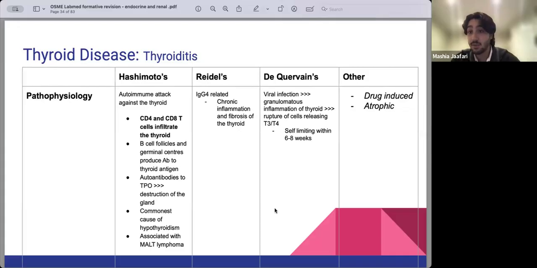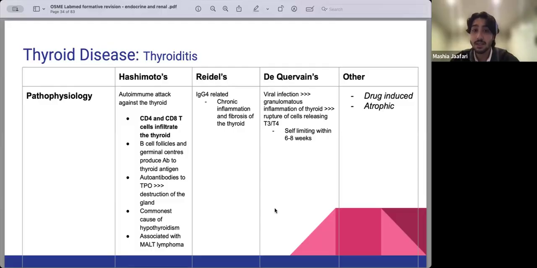And so some people think it's a type 2 hypersensitivity where the antibody is causing the damage, but it's not. So it's a type 4 hypersensitivity. The antibody is formed as an epiphenomenon. So the antibody is there, but it's not causing the damage. The antibodies are formed and they're useful for diagnostics. So we look for TPO antibodies to diagnose Hashimoto's.